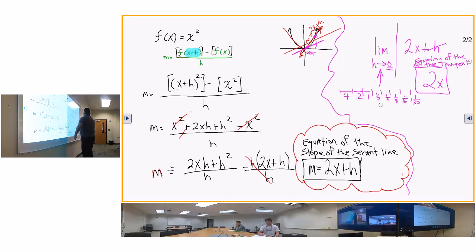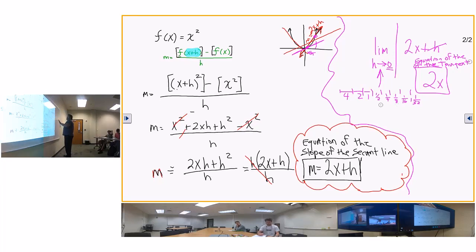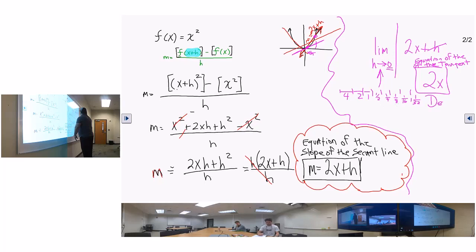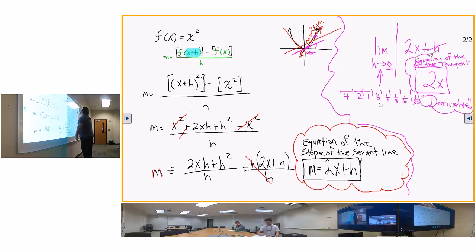You don't have to do that. This is all where you're heading. Okay? It's also called, in your first unit of calculus, the derivative. And this is very important if you want to put it in your notebook.